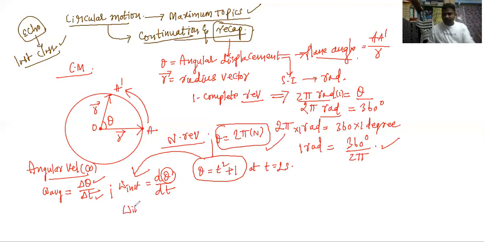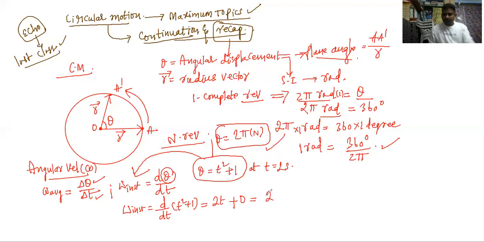Instantaneous angular velocity is d by dt of t square plus 1. d by dt of t square is 2t, plus d by dt of 1 is 0.